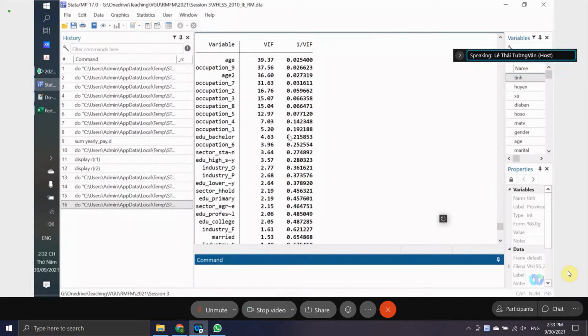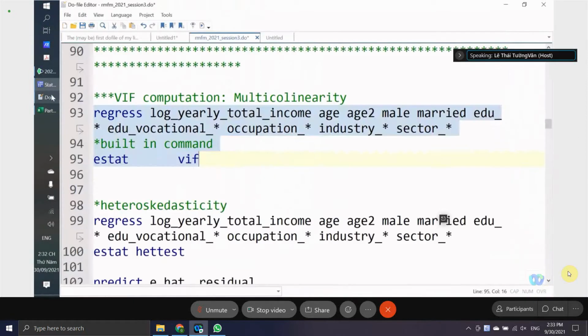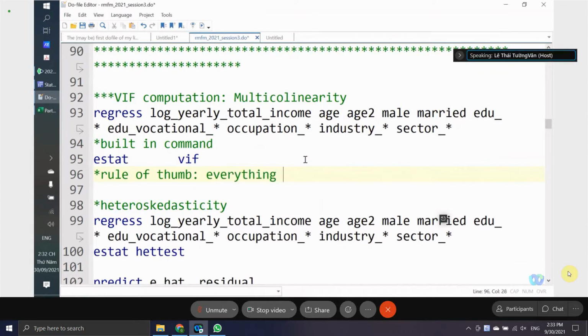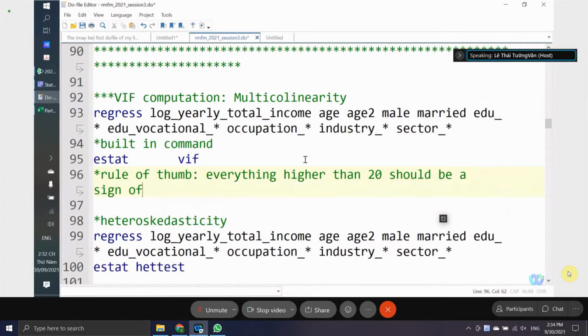Everything higher than 20 should raise your eyebrow. Now the rule of thumb is 20. Everything higher than 20 should be a sign of warning.